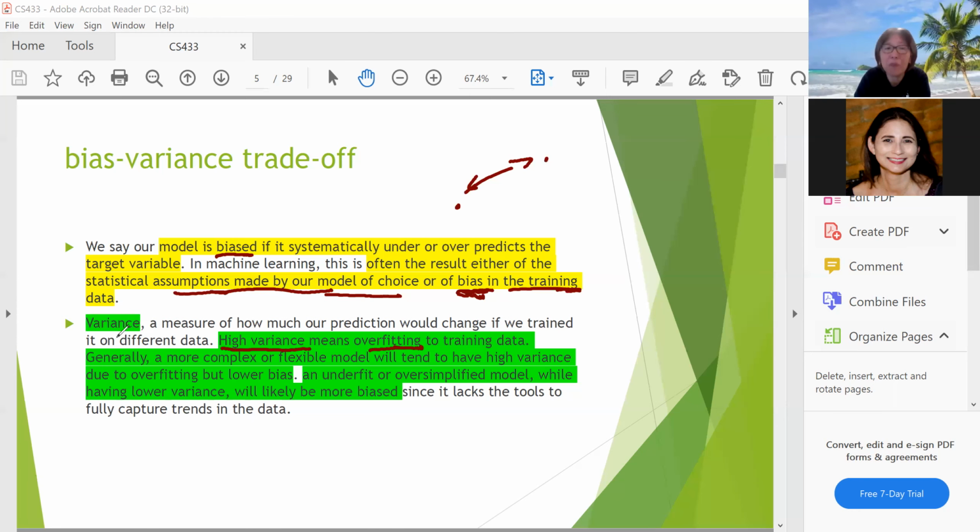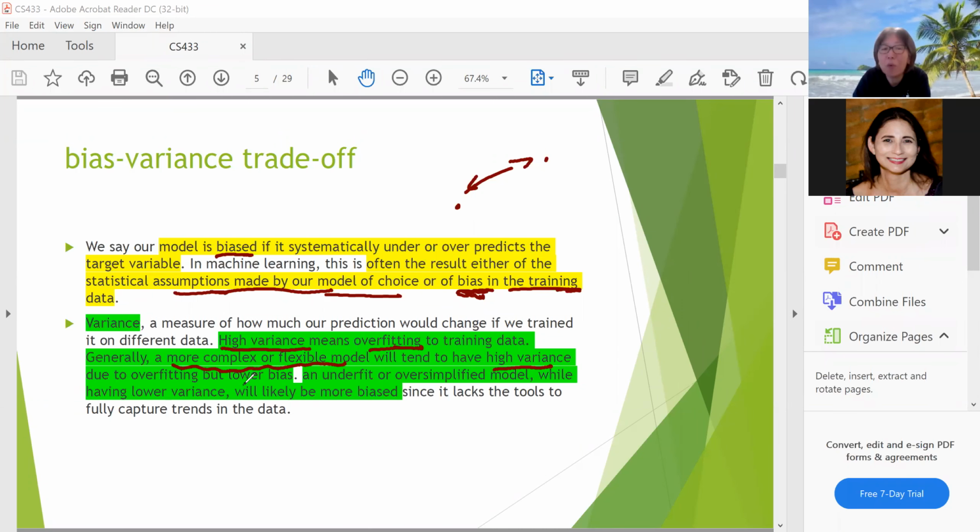So that's regarding variance. And generally speaking, variance can be caused by a complex model, which can introduce high variance.